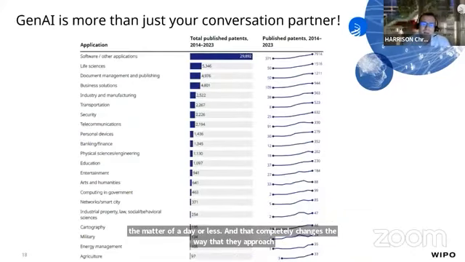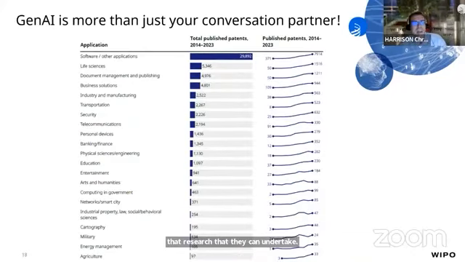If we look at some of the applications of Gen AI, we identified and categorized Gen AI patenting into 21 different application domains. It's perhaps not surprising to see that software-related applications dominate the patent filings, but it's actually in some of the areas lower down from there that some of these applications are potentially really interesting.